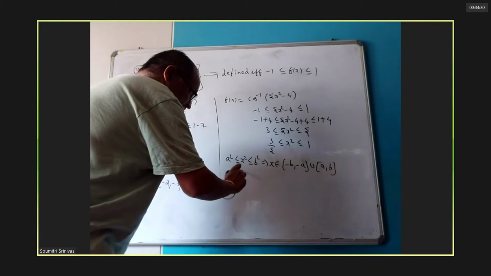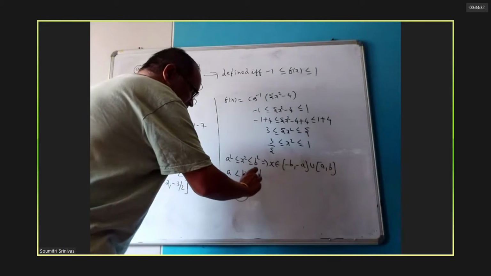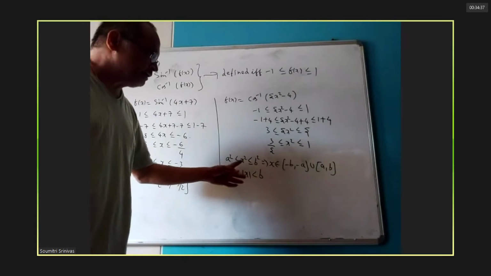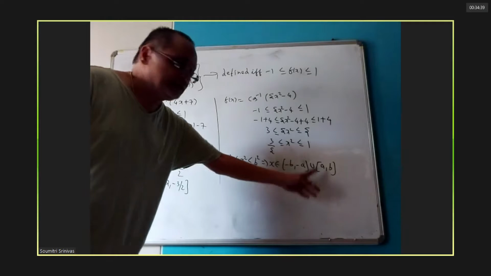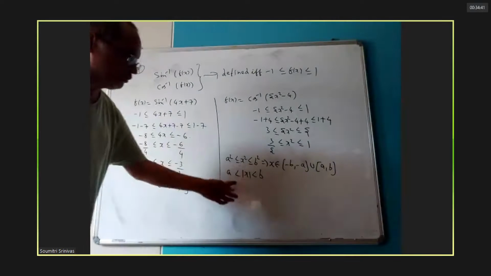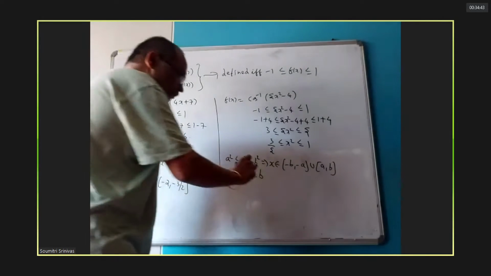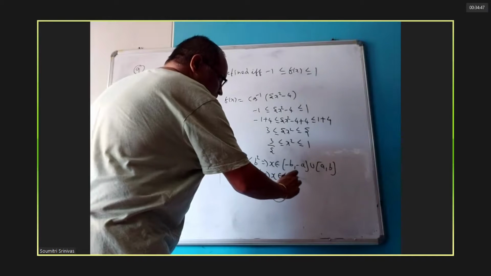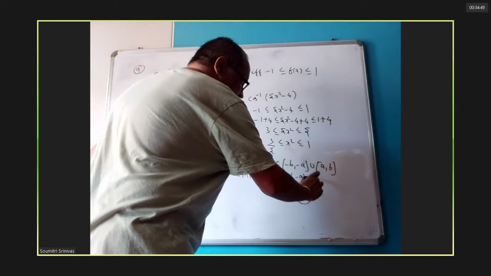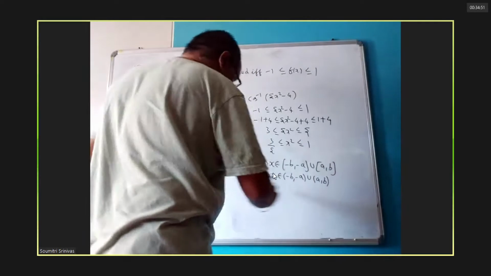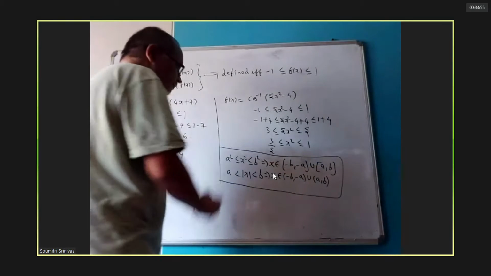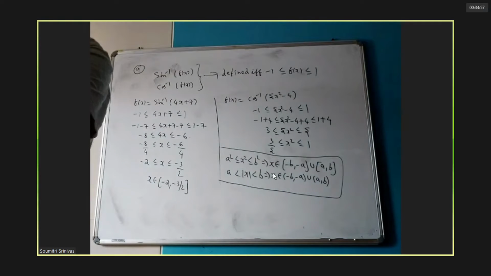A less than mod x less than b. Here equal to a, so all intervals are closed. Here open interval. Where will x belong to? Minus b to minus a, union a to b. Very, very important. Come on, write the answer now.